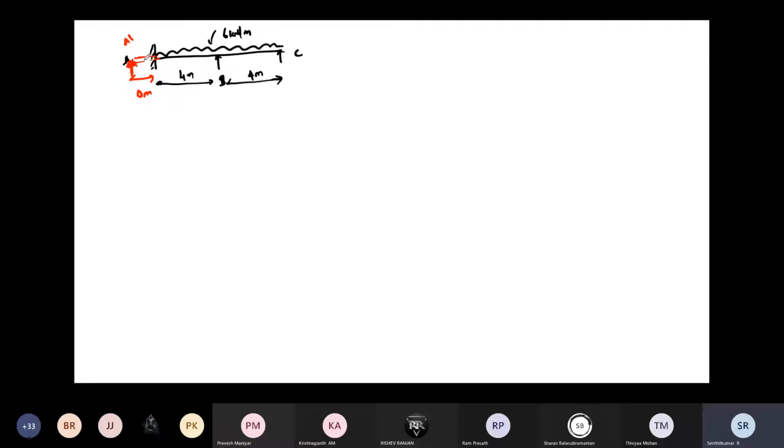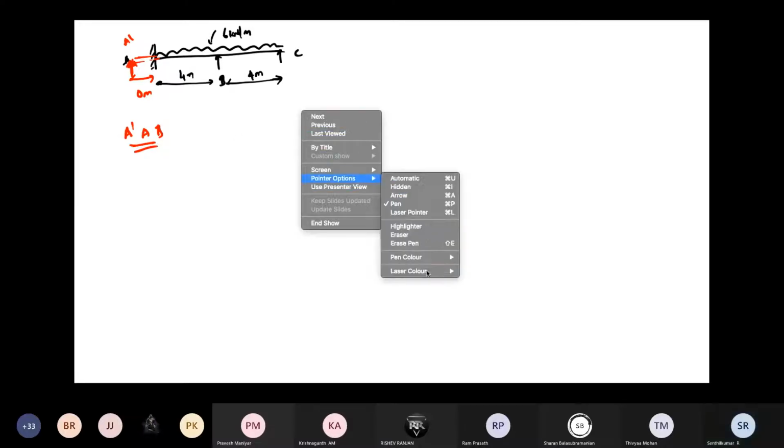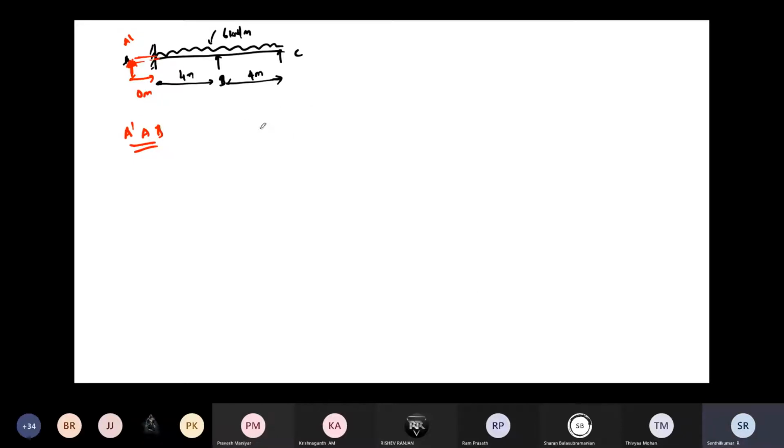Anyway, you don't have any moment at A dash, that will be 0, and the length is also 0. Now I can take the span A dash A B. This is A dash, this is A, this is B.